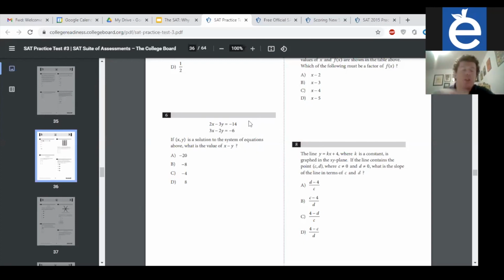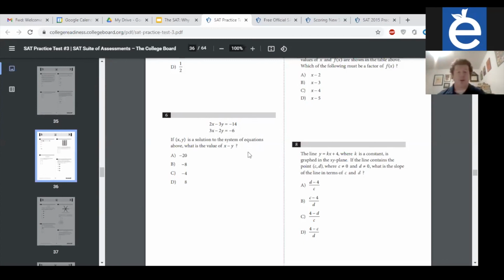So we can do that. What we also can do is try and see if there's a way we can add or subtract the equations to get our answer. If we just add these equations together, we treat it like an addition problem: 2x plus 3x would be 5x, negative 3y minus 3y would be negative 5y, and negative 14 plus negative 6 would be negative 20.